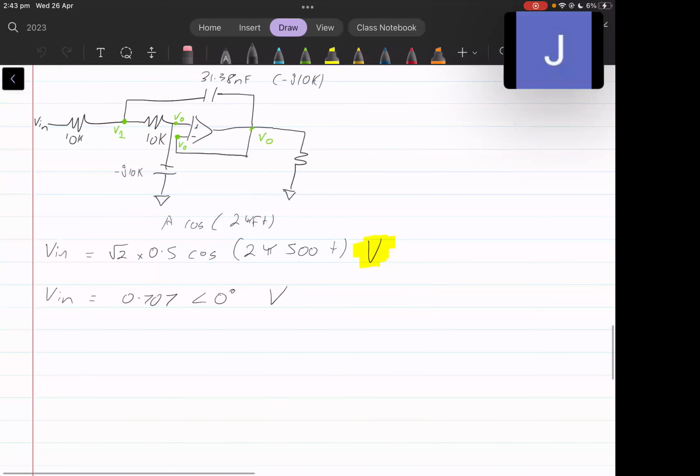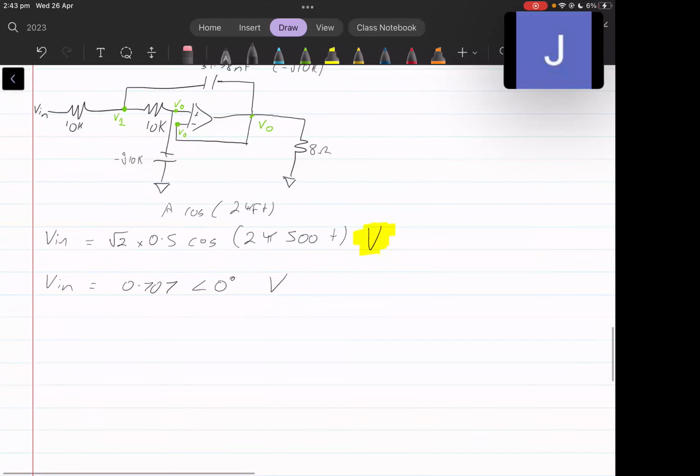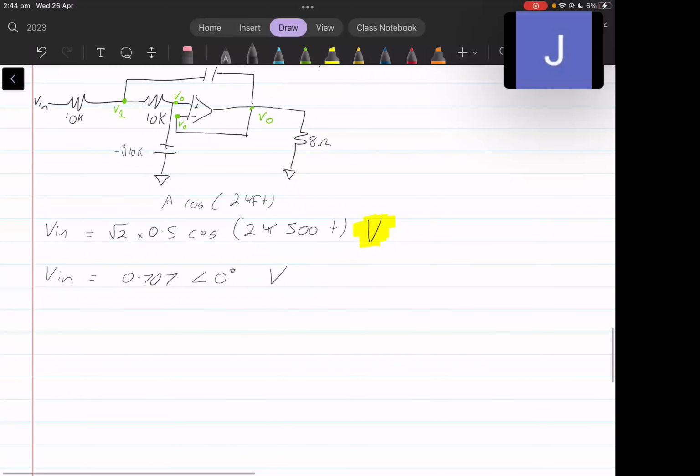So to start with this, we'll have a look at V1 and write the nodal equation for that, and then have a look at this V0, because that should relate V1 and V0. So we can say, on 10K.